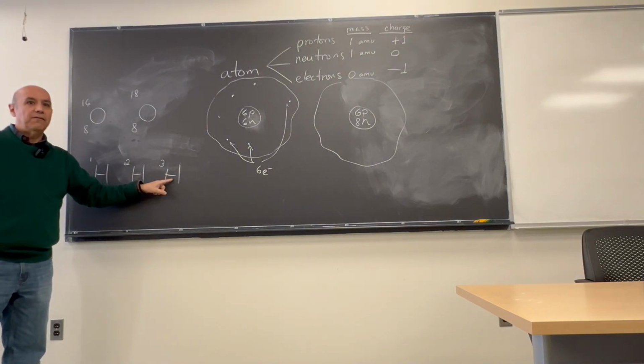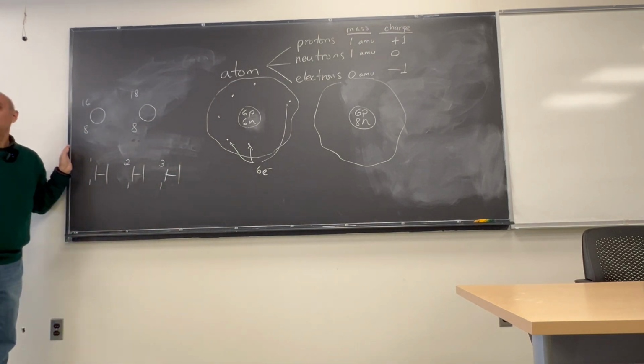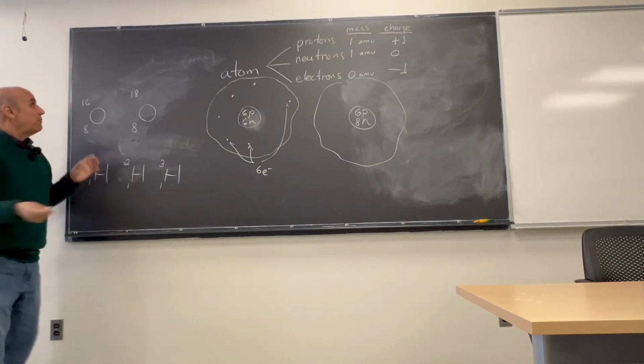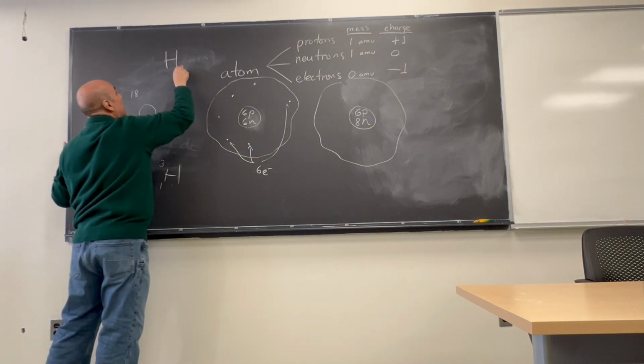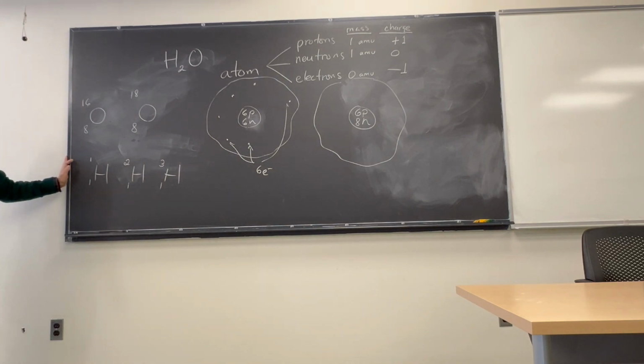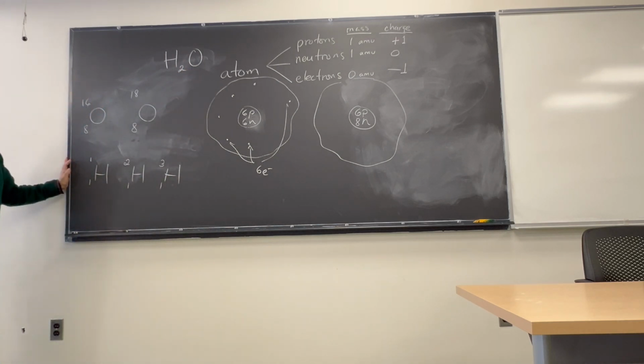They're identical. So you can have water. Anybody remember the chemical formula for water? H2O. Don't be shy, H2O. We're going to talk about chemical formulas very briefly in a few minutes, but H2O, water, contains hydrogen and oxygen in that proportion that you see there.